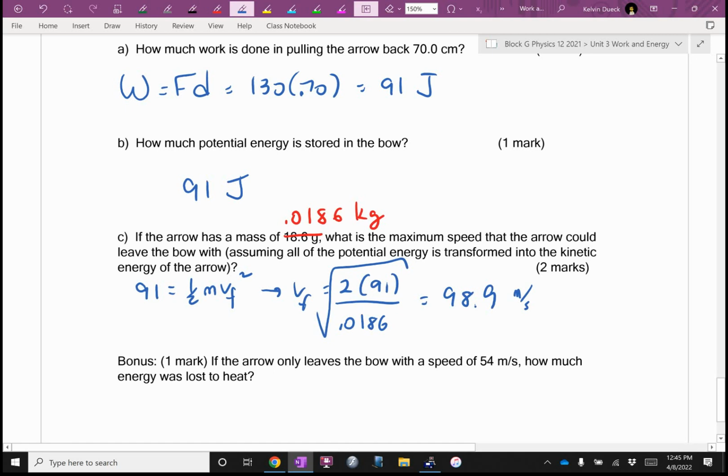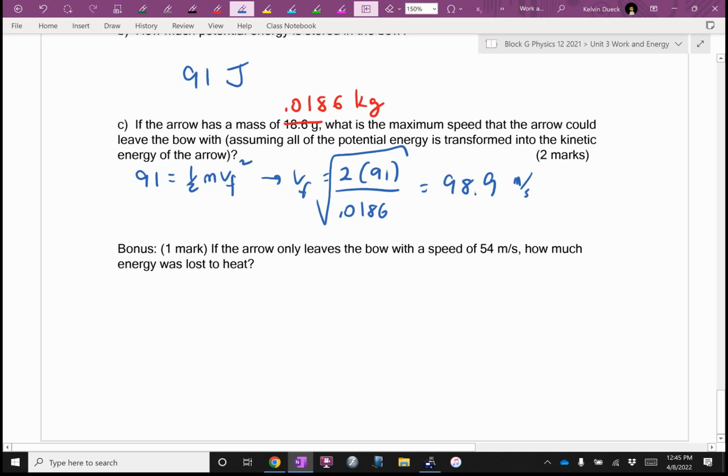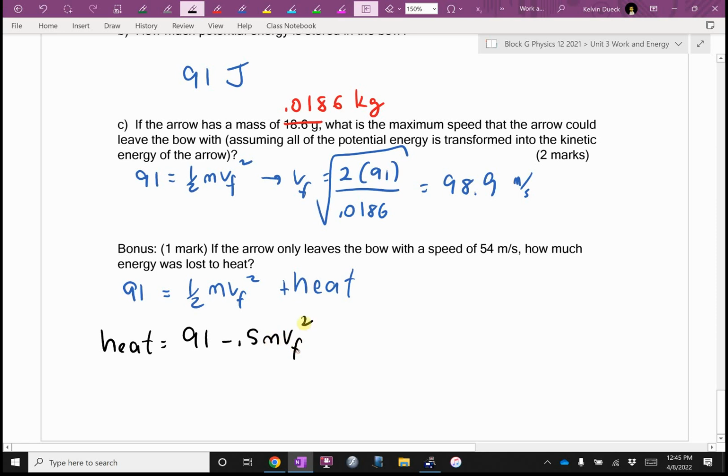That's about right. Suppose the arrow only leaves with a speed of 54. How much energy was lost to heat? Okay. I guess I would say this, that 91 joules is a half mv final squared, but some of it went into heat. So the heat is going to be 91 minus 0.5 mv final squared.